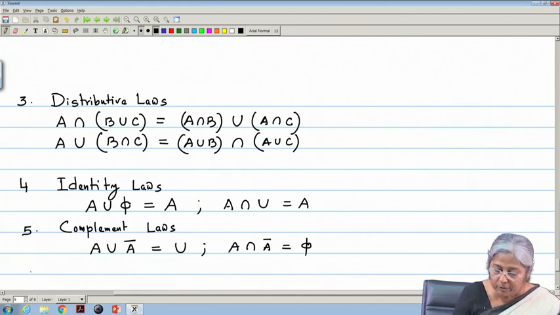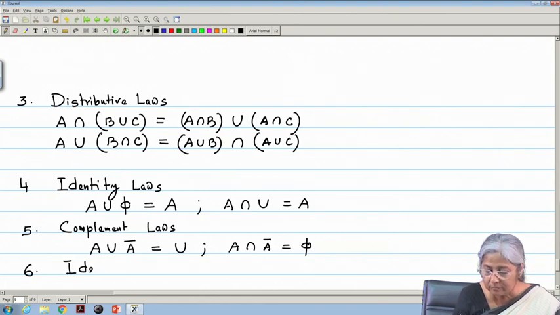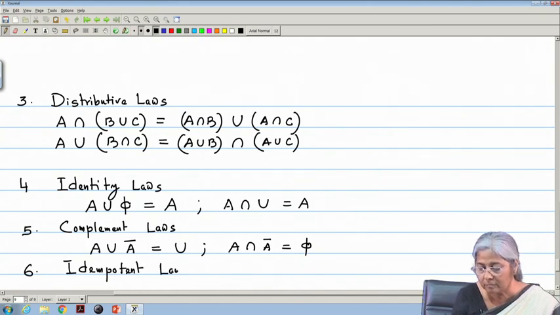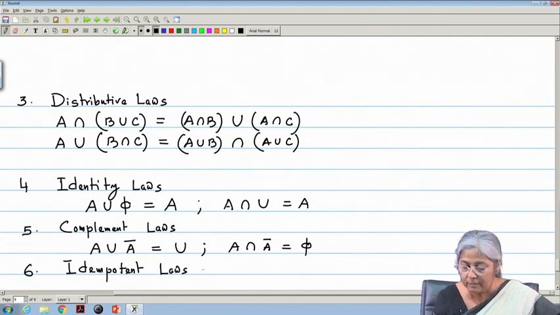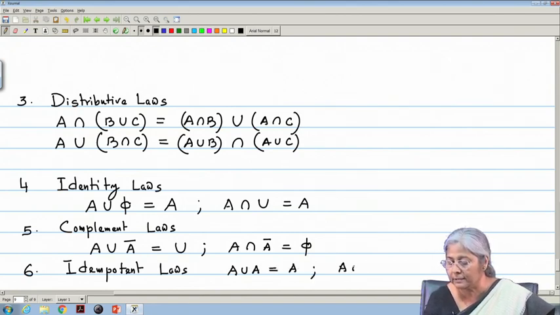Then idempotent law. If I take A union A, which is A itself, similarly, if I take A intersection A, this is A itself.